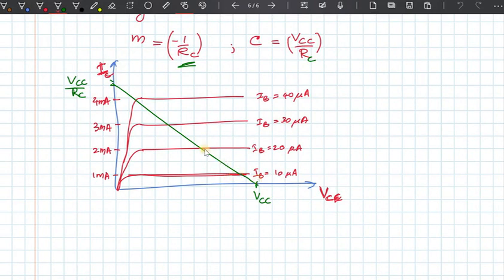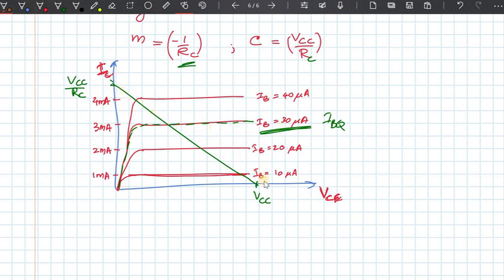But at the same time, since this is the transistor that we are talking about, it obeys these characteristics depending on the value of the quiescent current. Let's say this IBQ happens to be 30 microamperes, in which case it has to obey this particular line.